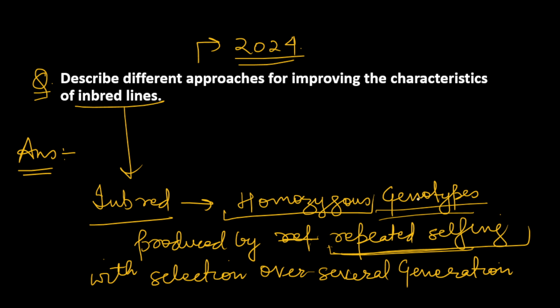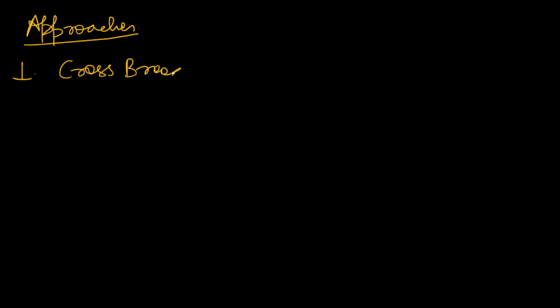Now let's move to the body of the question, which is the important part, that is, what are the approaches for improving the characteristics of inbred lines. We will see those approaches. First of all, we can do cross breeding, that is hybridization.